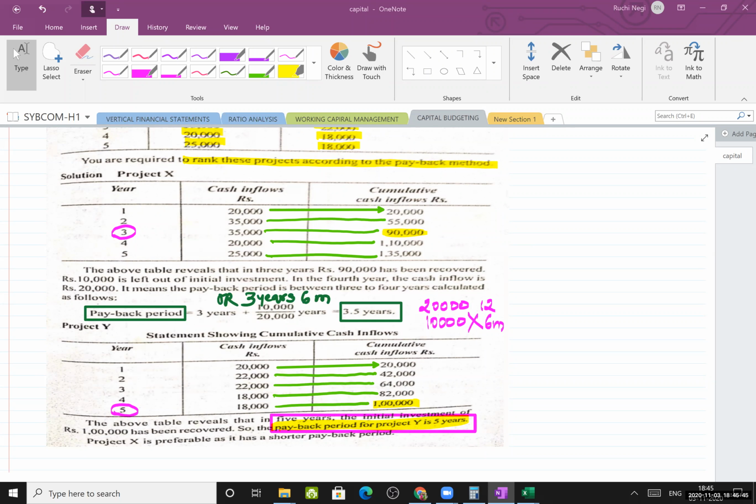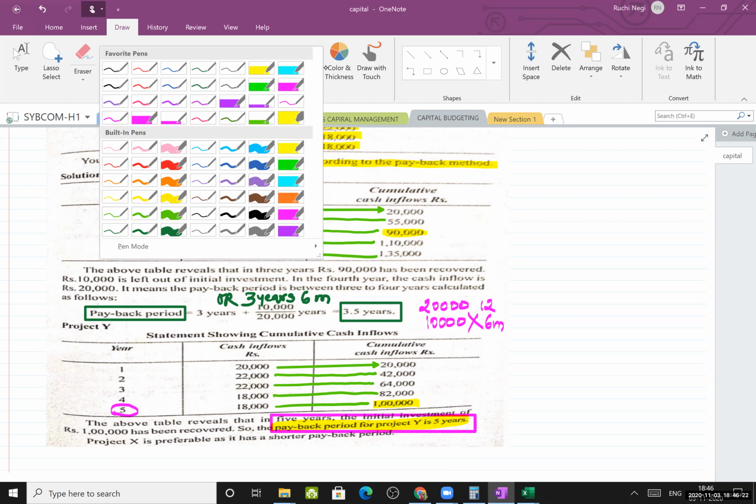What is the reason? Why are you supposed to invest in Project X? Yeah, Stuti is saying it is less than 5 years. Obviously, क्योंकि project Y में पैसा डाला तो 5 साल में पैसा return मिलेगा। 1 लाख रुपया Y में डाल रहे हो तो 5 साल में वापस मिलेगा, और X में same पैसा डालना है 1 लाख रुपए, वो आपको 3.5 साल में वापस मिलेगा। Better है ना. Very good Stuti, very good.